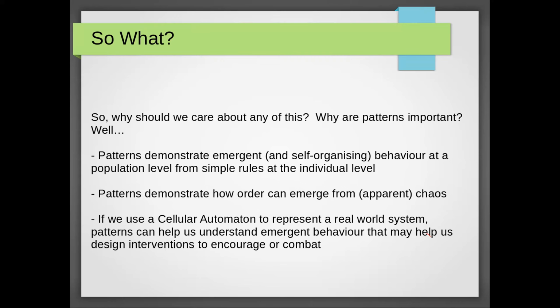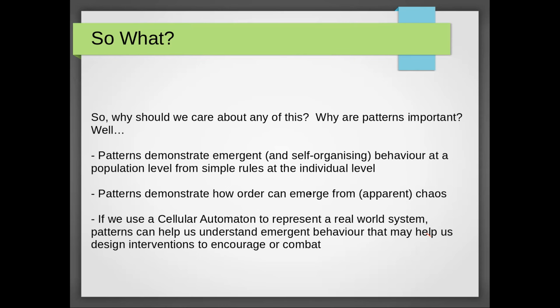First of all, it's to show you this concept of patterns, because patterns demonstrate this concept of emergent and also self-organizing behavior at a population level that emerges just from very, very simple rules at the individual level. And they also demonstrate how order can emerge from apparent chaos. So things can become ordered. We can create these stable life forms that emerge from apparent chaos.